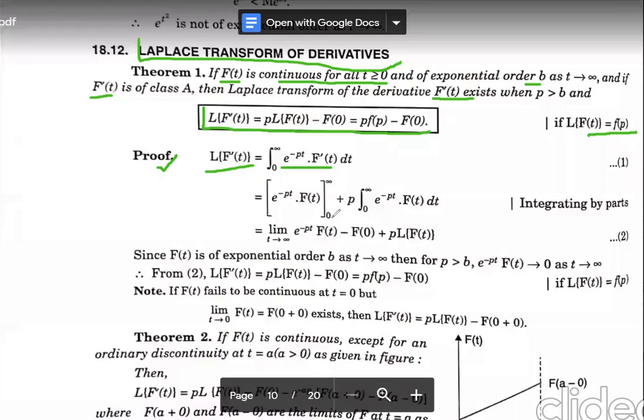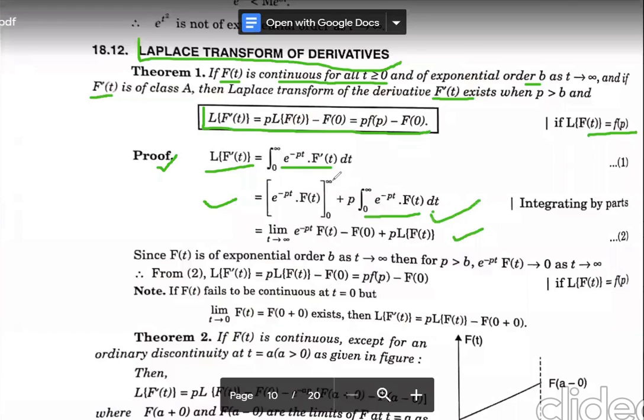Then if you put 0, e to the power 0 is 1 and f of 0. So minus f of 0 plus p, and this represents nothing but the Laplace transform of f of t. If you use the by parts formula of integration, you will get this line. And from this line, I have written this one.